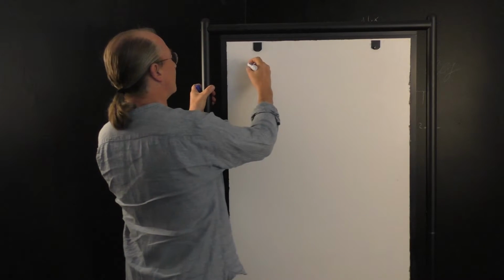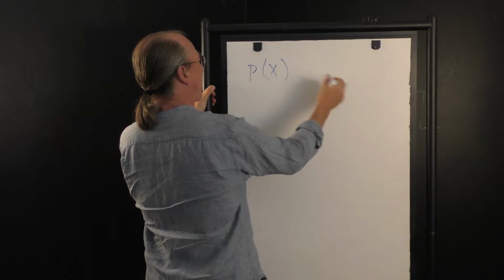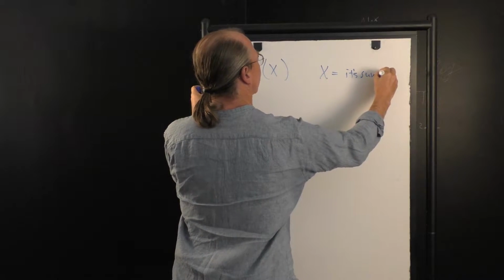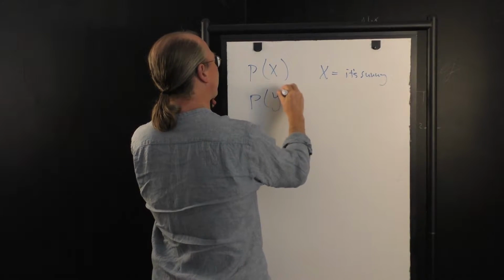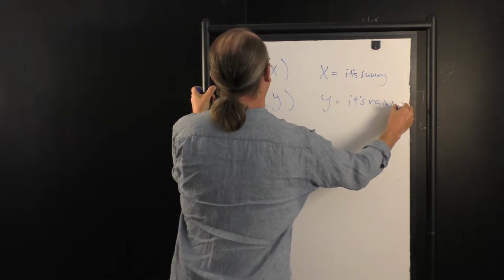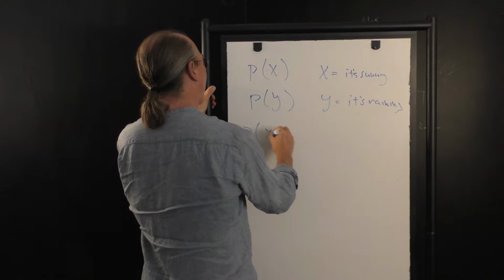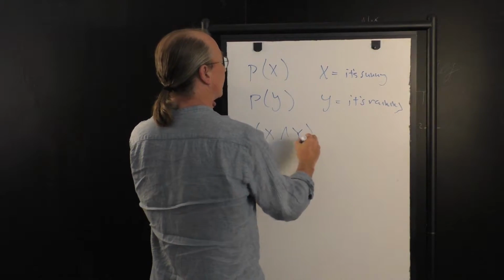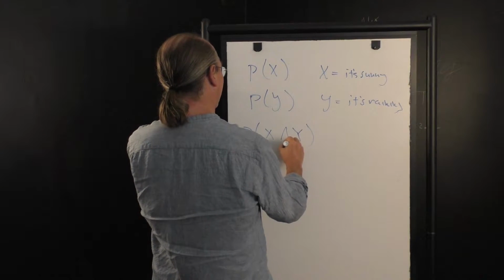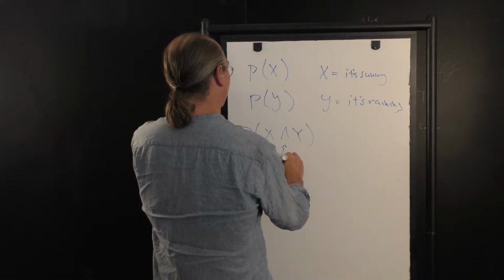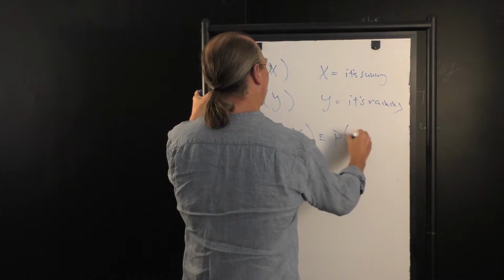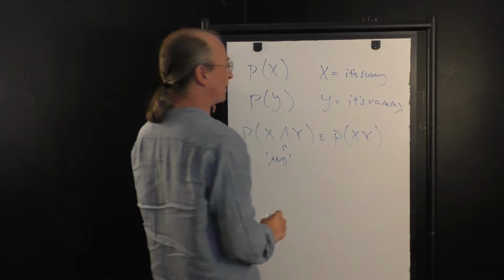So, we talked about probabilities for events. Probability of x, x equals it's sunny. Probability of y, it's raining. And we could look at the probability of x and y, using the notation I introduced for Boolean logic before, where this symbol means "and." We can also just call this the probability of x, y simultaneously.